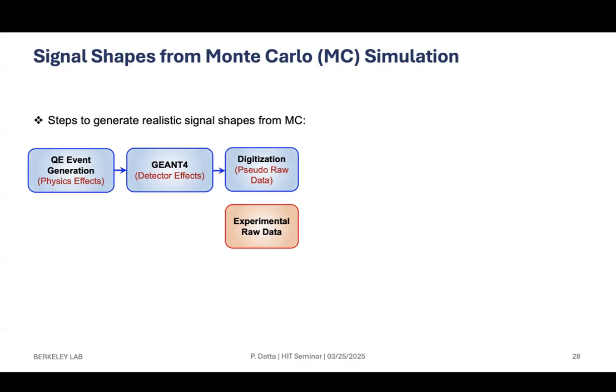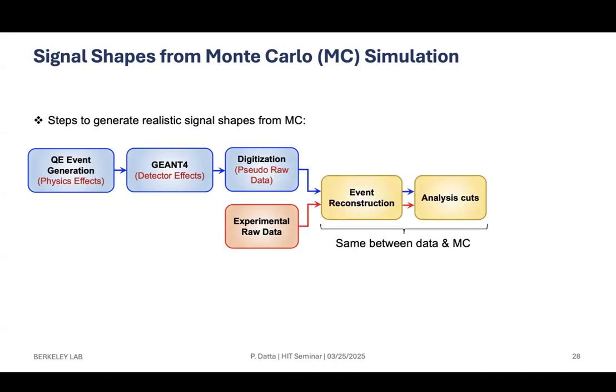First we generate quasi-elastic events with realistic physics effects, and then we run those events through a Geant4-based detector simulation, which has our experimental setup implemented with all the details that we want, and then we digitize those simulated events to generate pseudo-raw data. And after that, we use the same event reconstruction machinery that we used to reconstruct the experimental raw data.